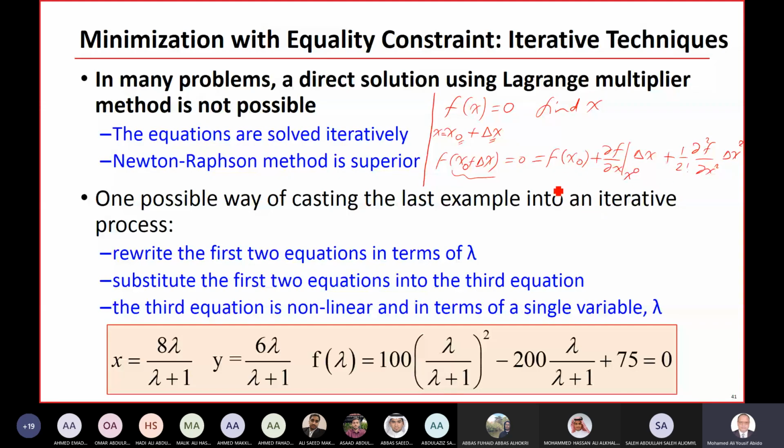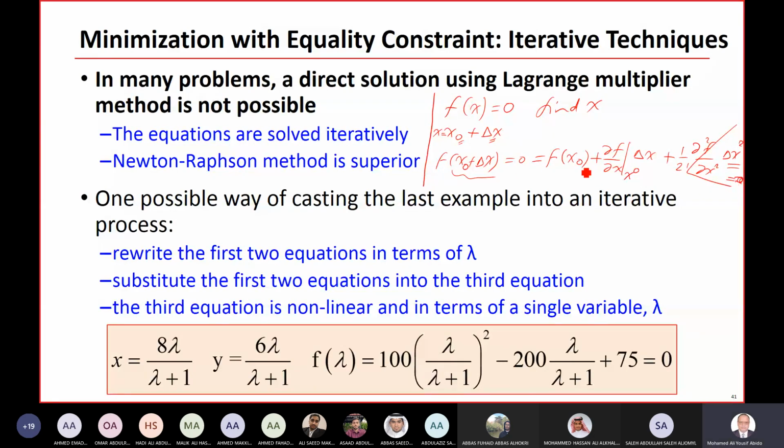Usually we approximate and use only up to the first order term. We neglect the rest, since we expect delta x to be very small. The difference between the initial solution and the exact solution is very small. So let us remove all these terms here.